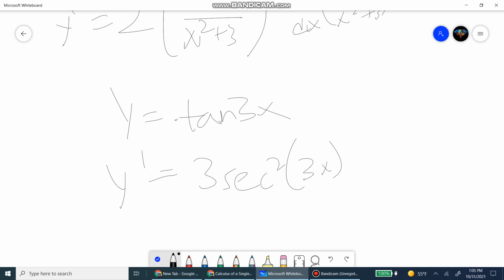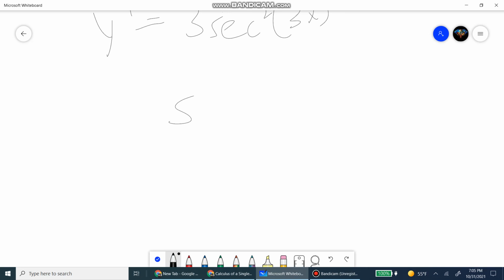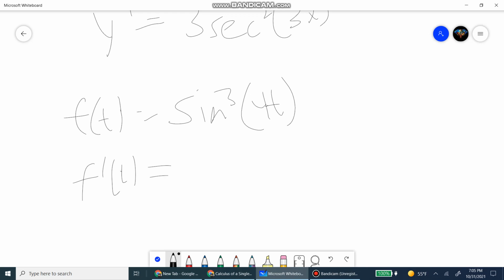And let's do one where we combine, where we have f of t equals sine cubed 4t. Now, outer function, if it's not obvious, it's the cube. The sine is being cubed, so sine is inside the cube. So to take the derivative, f prime of t, first you pull down the 3.